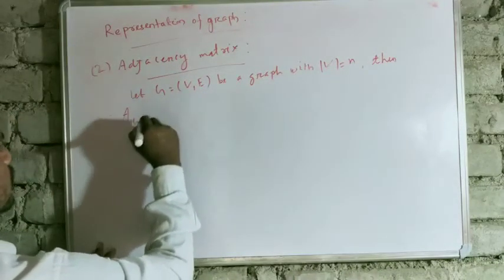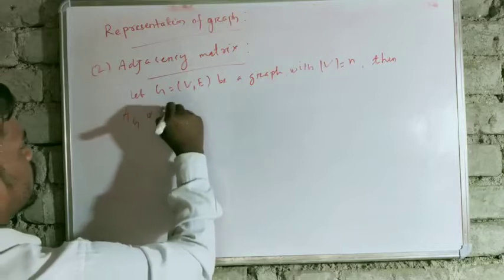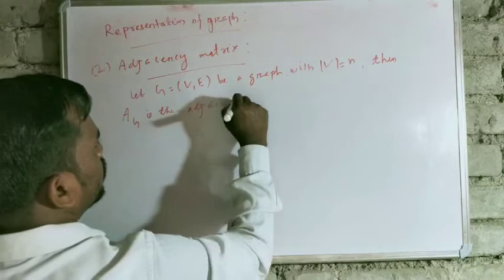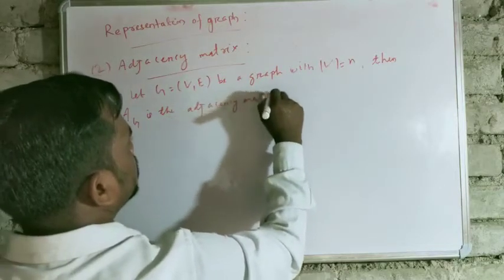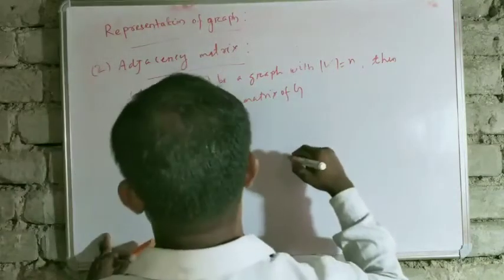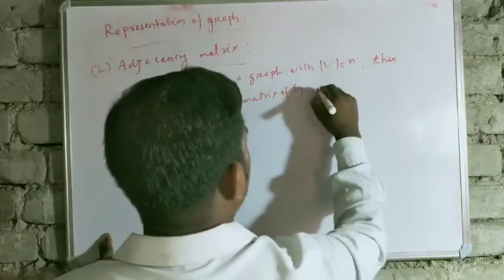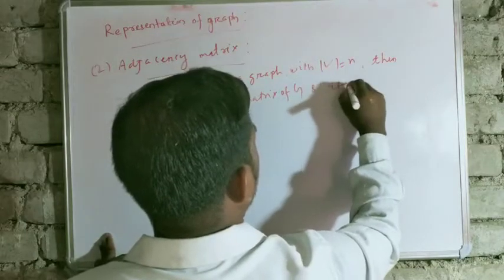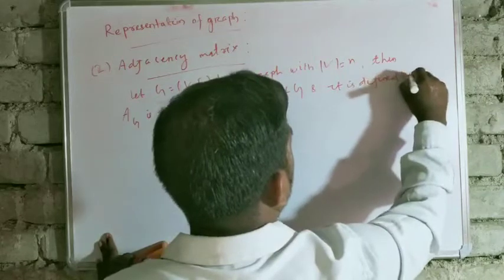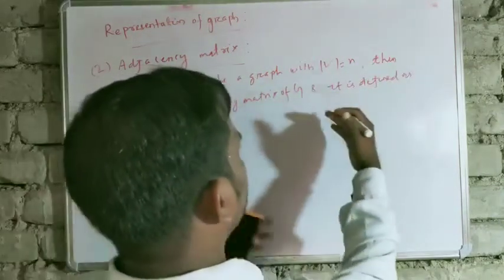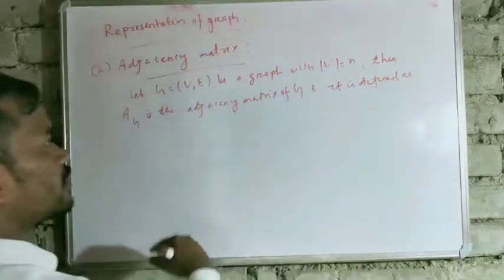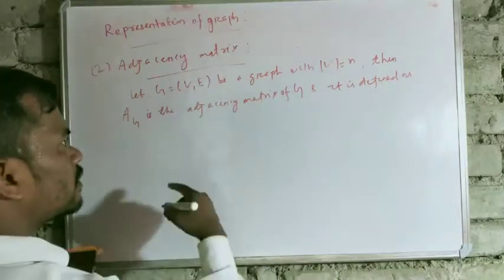A_G is the adjacency matrix of G, and it is defined as follows, meaning how we will find this adjacency matrix.